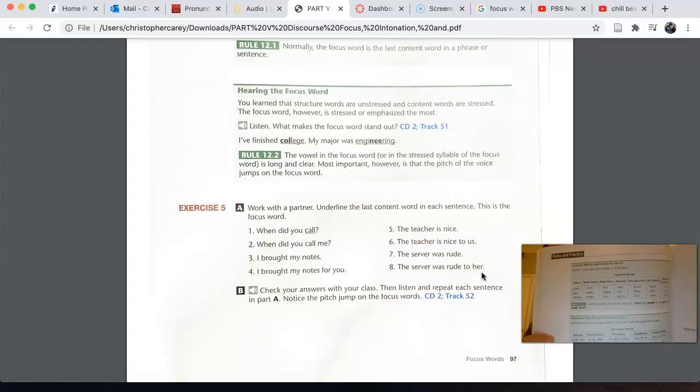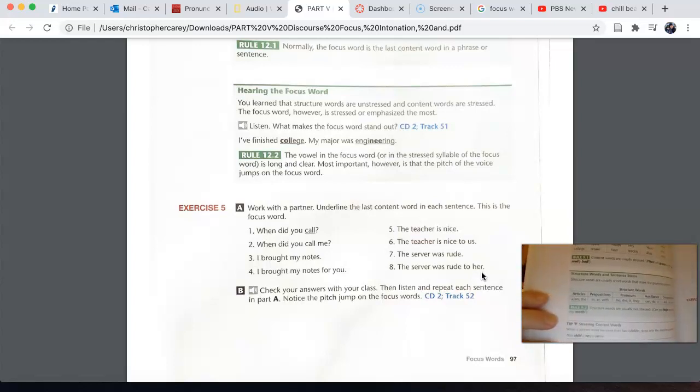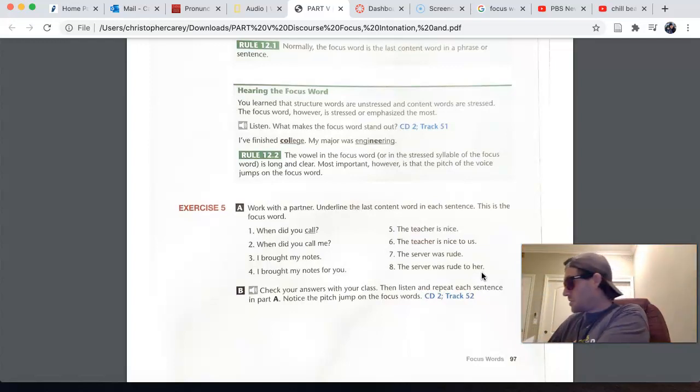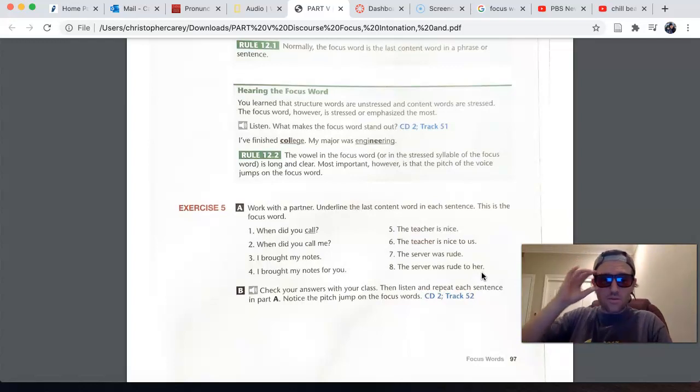The words at the end of numbers 8, 6, 4, and 2 are function words: conjunctions, prepositions, articles. For is a preposition. Me is an indirect object pronoun. Us is an indirect object pronoun. Her is an indirect object pronoun. To is a preposition. These are not content words.